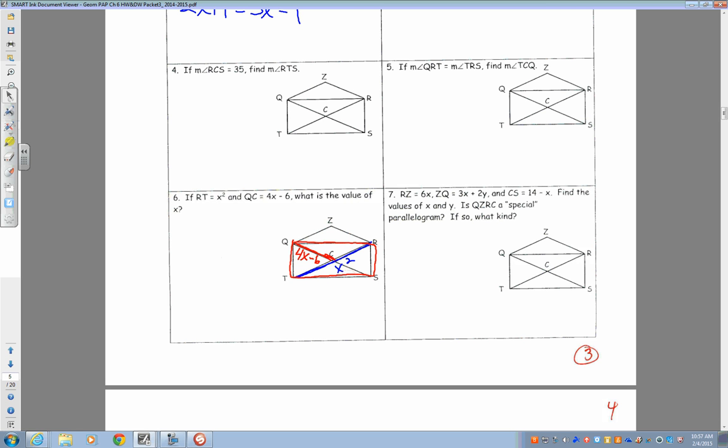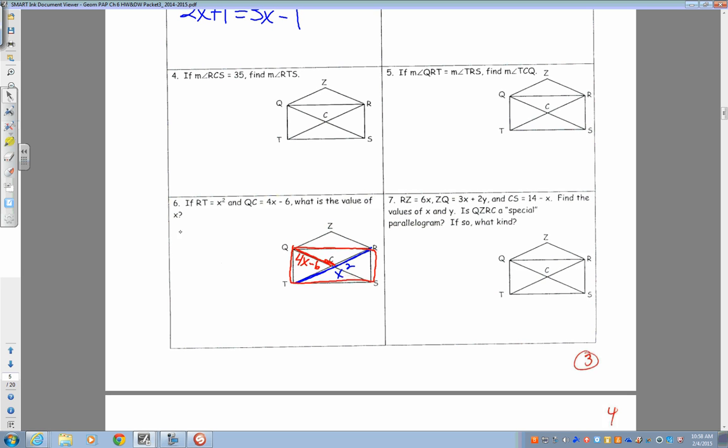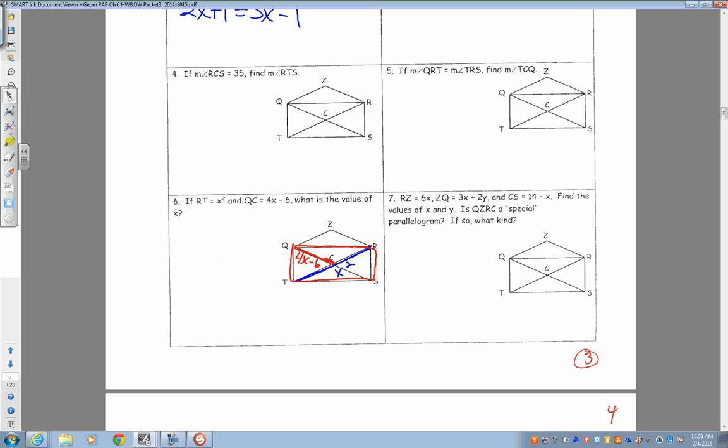So, is the whole equal to the part? That's what I'm asking. Is the whole diagonal equal to that part? What do we have to do to this little part? Multiply it by 2. Yeah. So 4x minus 6, you're going to multiply by 2, and it's going to equal x squared.